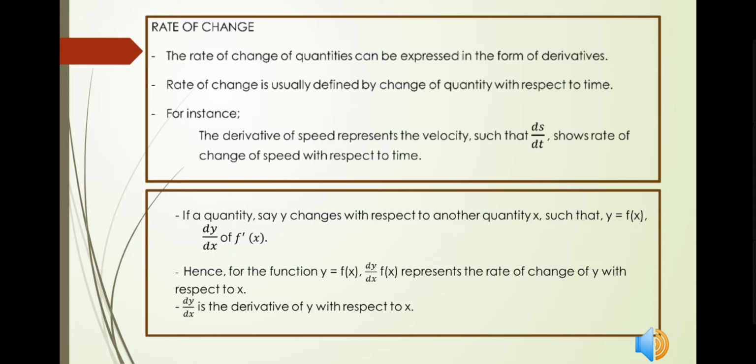Hence, for the function y equals f of x, the derivative of y with respect to x represents the rate of change of y with respect to x. In simplest way, dy over dx is the derivative of y with respect to x.